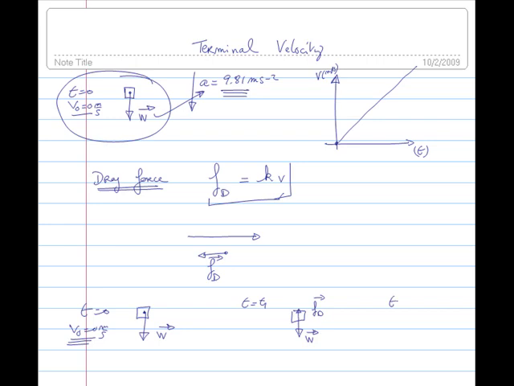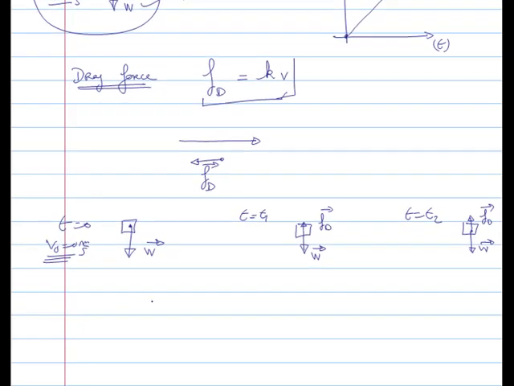Then at t equal to t2, which is bigger than t1, the velocity by that time will have increased even more. Therefore, the drag force would increase accordingly in magnitude. So we can guess that at some point, t equal to t3, the magnitude of the drag force will take the exact same value as the magnitude of the weight.